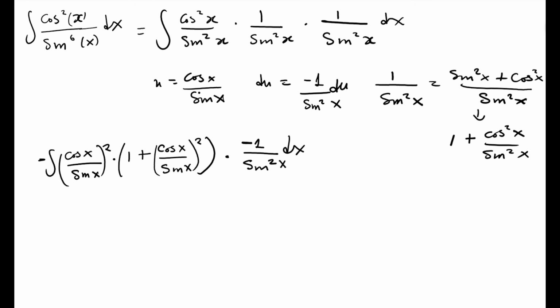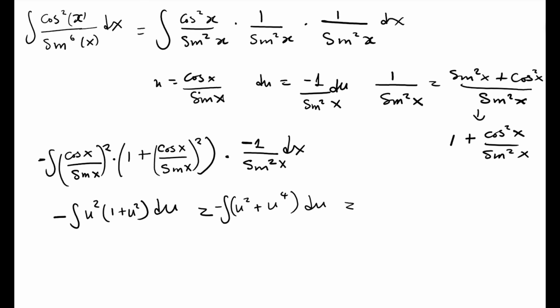So we start replacing. This will be minus the integral of u squared multiplied by 1 plus u squared du. When u squared multiplies everything inside the bracket, you have minus the integral of u squared plus u to the power 4 du.